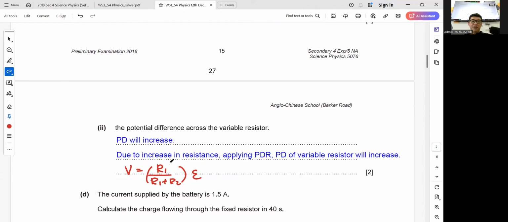Since your R1 has increased, your V1 should increase as well. So that's how I use it. Numerator increases, then everything else will increase. It's all math.